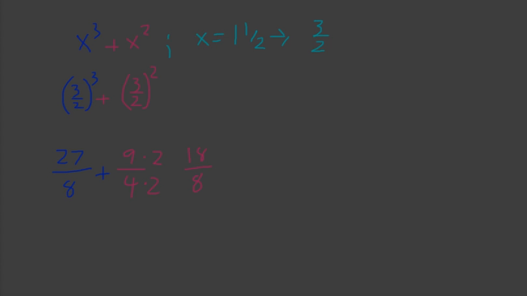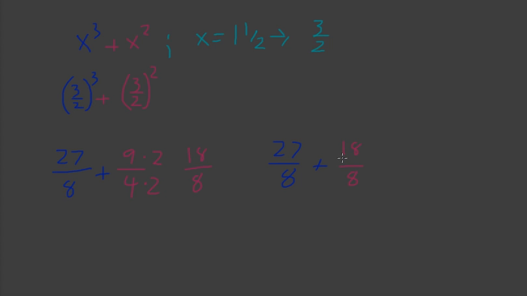Then we just add them afterwards. Let's rewrite it: 27 over 8 plus 18 over 8. Now we do 27 plus 18.